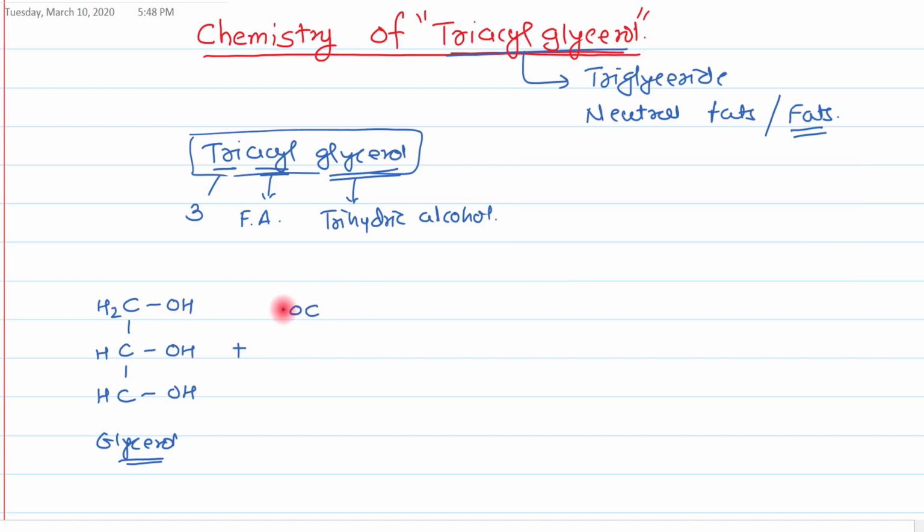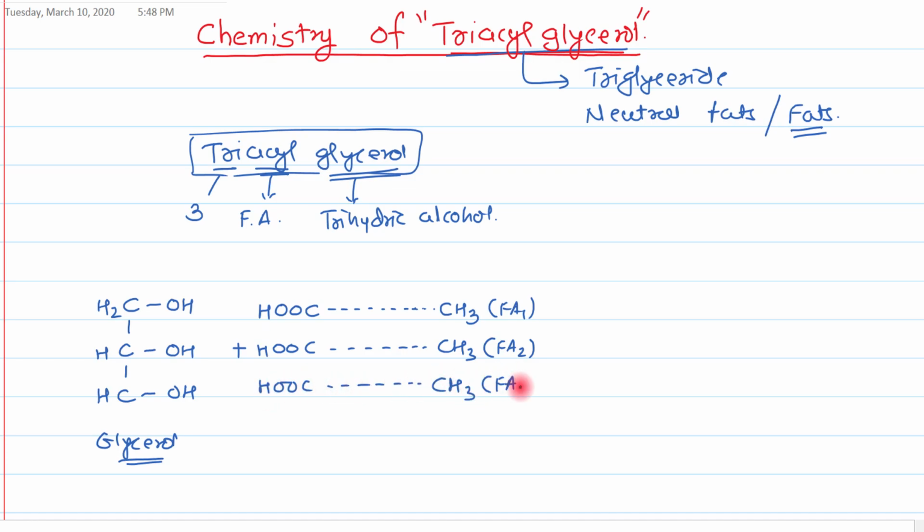The typical structure of a fatty acid has a COOH group on one end, a long aliphatic hydrocarbon chain, and a methyl group on the other end. So 3 such fatty acids are there: fatty acid 1, fatty acid 2, and fatty acid 3.